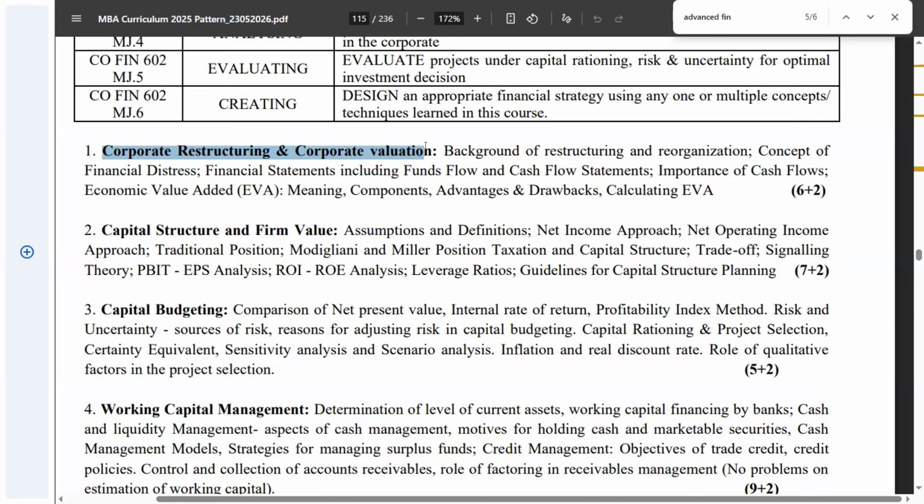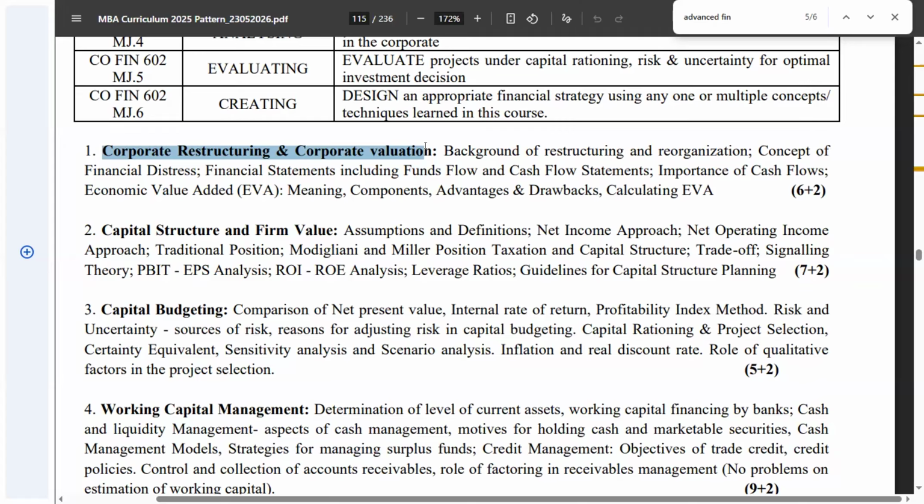In the first chapter, you're going to understand the meaning of restructuring and reorganization. To just introduce, restructuring means shuffling the roles in the organization, changing the pattern, changing the method, how the work culture and processes are happening in the organization.